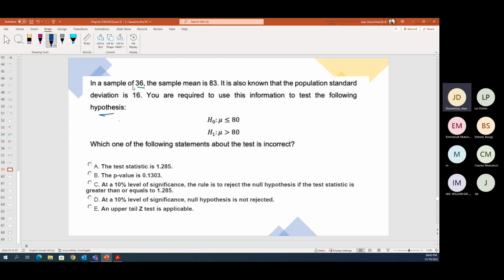In a sample of 36, we have a sample mean of 83. It is also known that the population standard deviation is 16. You are required to use this information to test the following hypothesis. The null hypothesis is smaller or equal to 80. The alternative is bigger than 80. Which of the following statements about the test is incorrect?